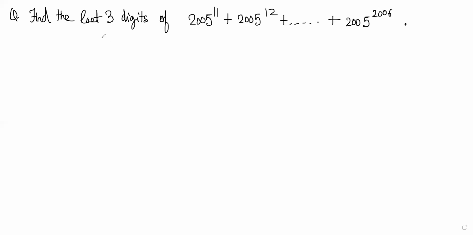There is no shortcut solution for this, so you'll have to try a little bit. One thing to keep in mind is that last three digits means you have to work mod 1000.